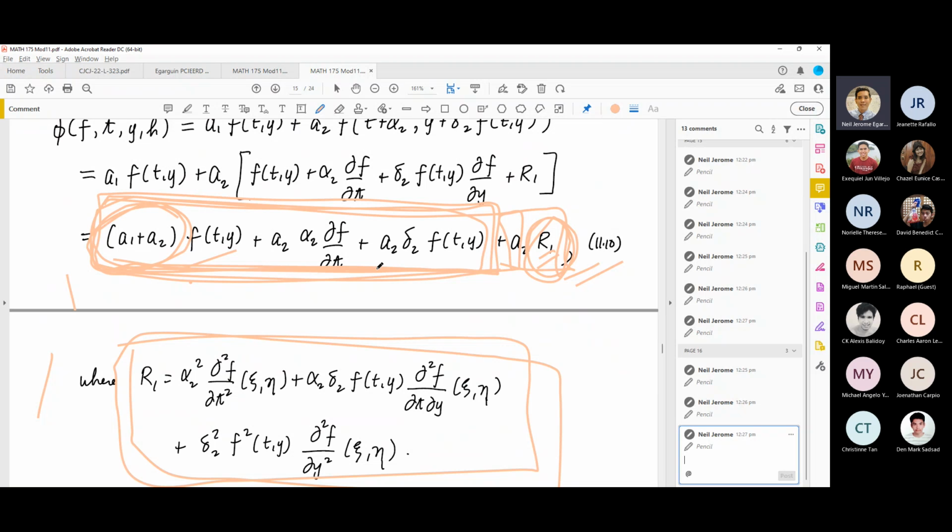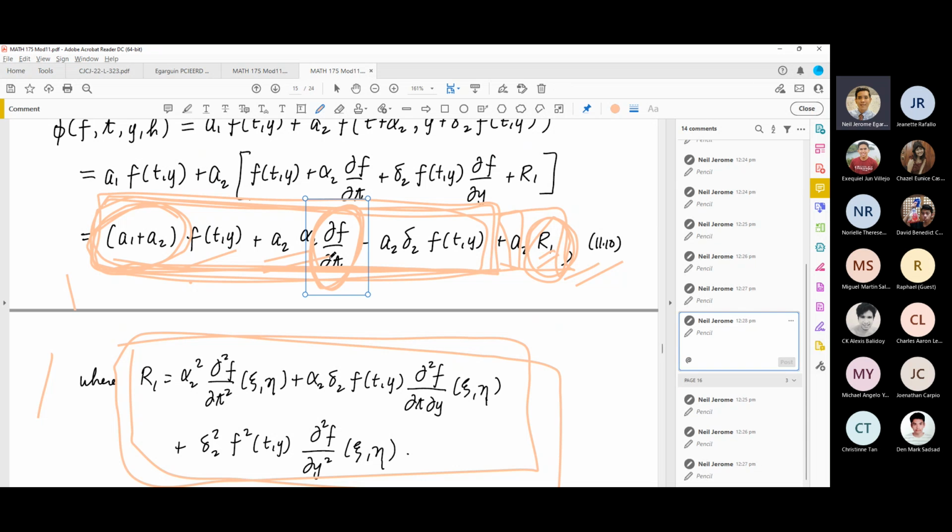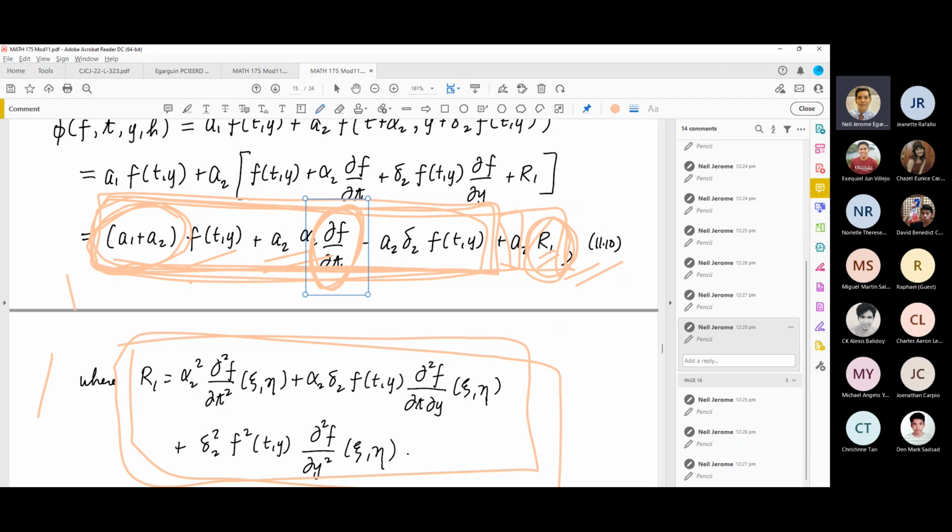Dito sa Taylor's expansion natin, ang coefficient ng partial ni f with respect to t ay equal kay a2 alpha 2. Alright? So ito yung coefficient ng partial ni f with respect to t.